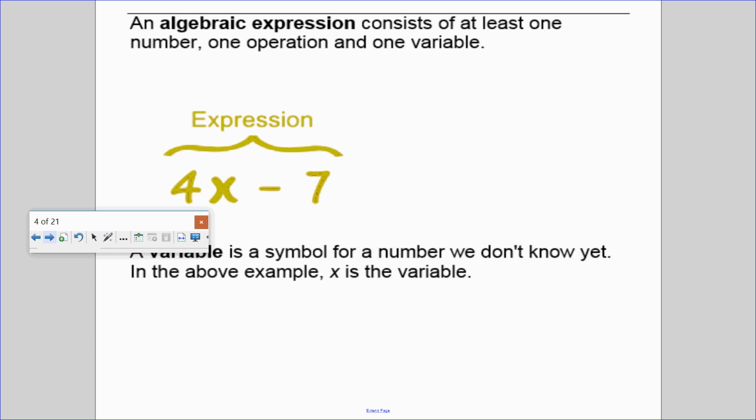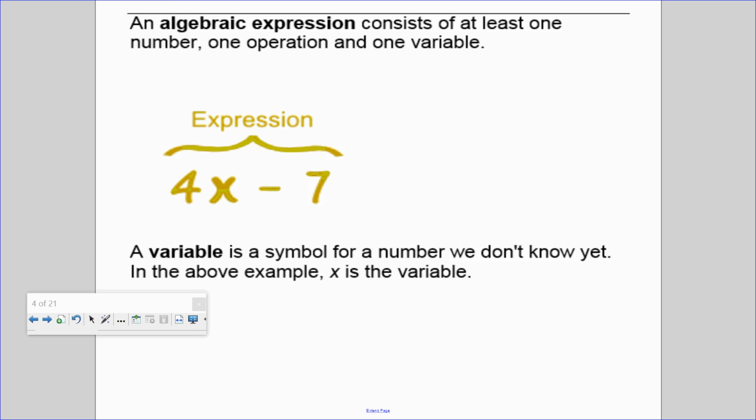So again, as a reminder, an algebraic expression consists of numbers, operations, and a variable. I think of an expression as more like a mathematical phrase. For those who forgot, a variable is a symbol for a number we don't know yet.